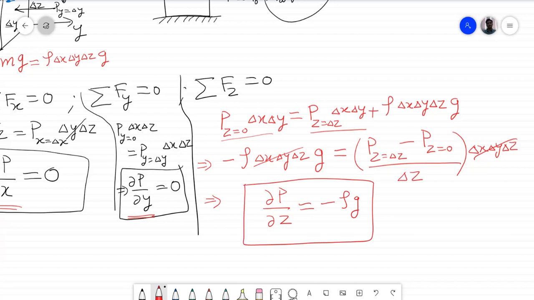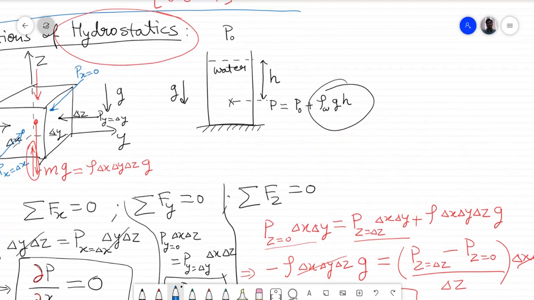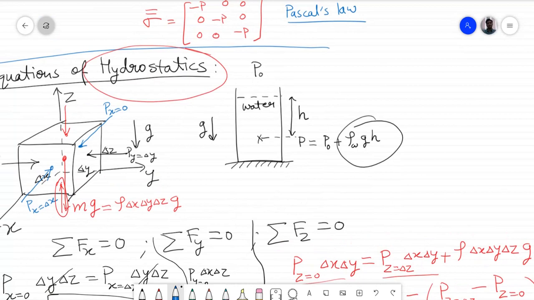So if you have gravity in a certain direction, then you can use that direction in the denominator instead of z. So from here you get pressure as minus rho g z, which means the pressure decreases as you increase z. So in this case of this liquid, let's say the z direction is this.